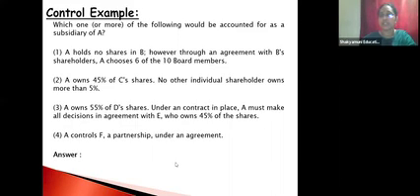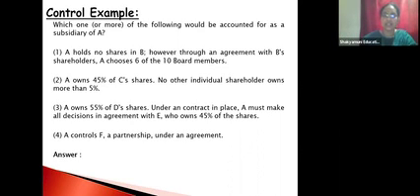That 55% is scattered among different shareholders, and each shareholder owns less than 5%. That means 5%, 4%, 3%, 2%, 4%, 1%, 1.5%, and adding together, it comes to 55%. So the remaining 55% shares are held by individual shareholders, and each holds less than 5% shares.